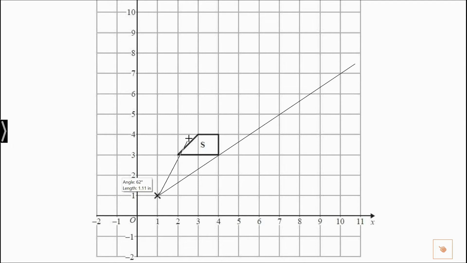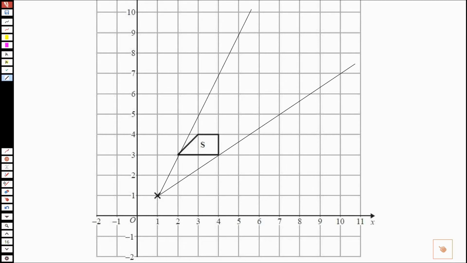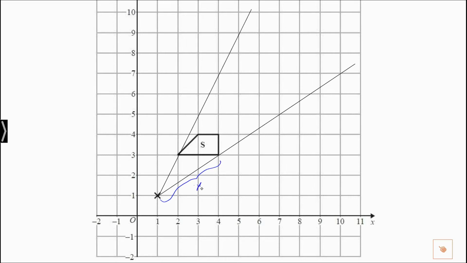So, and these are what you expect it to do. So basically, as you can see here, the scale factor is 2, which means that, let's say if the distance from here to here is x, we want to find a point on this line such that the distance from here to that point is 2x.